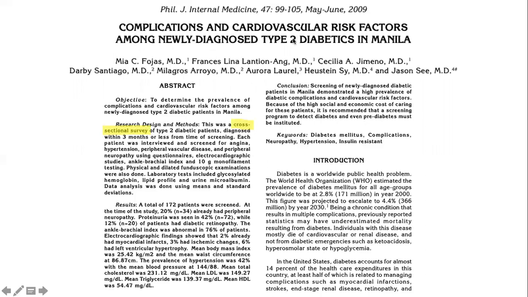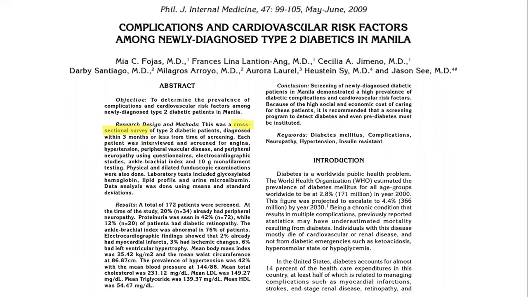In this small population, at that one period of time, they noted how many had the different complications of diabetes, such as peripheral neuropathy, peripheral vascular disease, hypertension, diabetic retinopathy, and diabetic nephropathy through the presence of microalbuminuria or macroalbuminuria, as well as presence of LVH on ECG, and presence of obesity and dyslipidemia. So this was just taken in one period of time, meaning they did not do serial measurements.